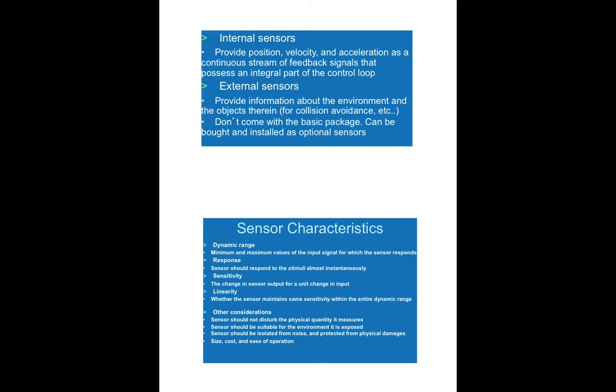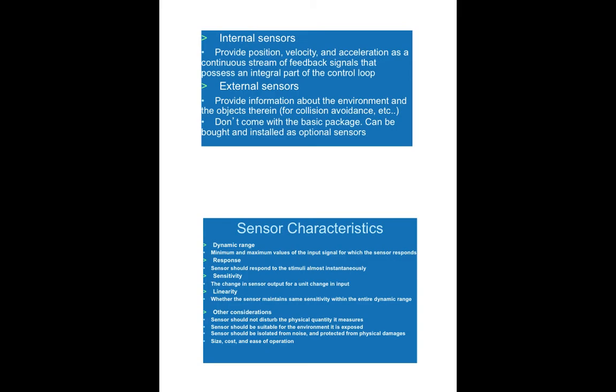That is all about linearity. Other things you are supposed to consider: the sensor should not disturb the physical quantity it measures. The sensor should be suitable for the environment it is exposed to. The sensor should be isolated from noise and protected from physical damage. Also consider size, cost and ease of operation.